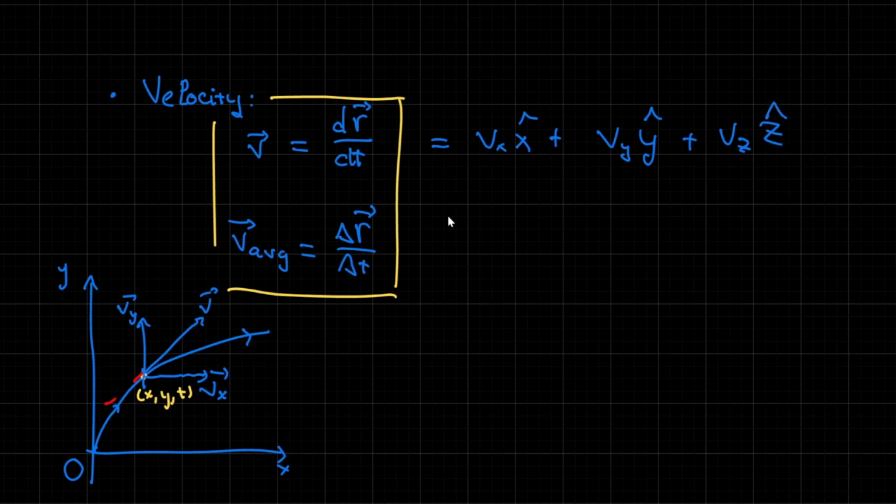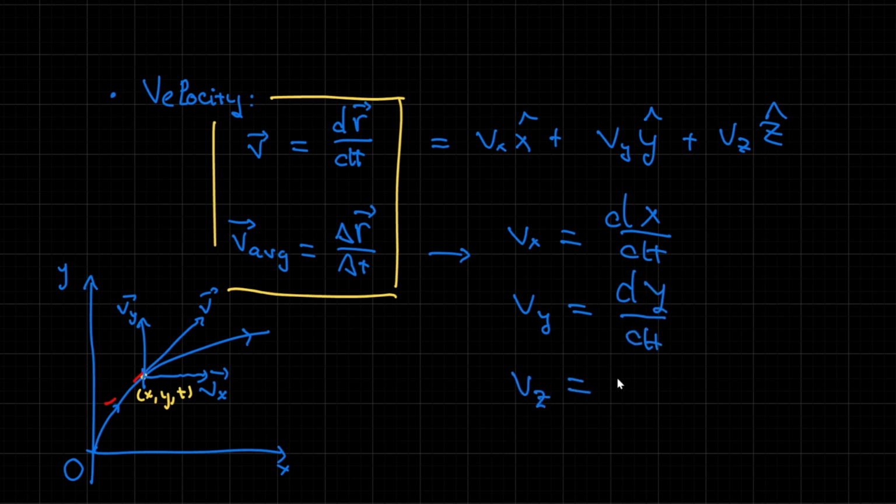And as we already know the equation for r, therefore Vx is the derivative of the x component with respect to t, and the same goes for Vy and Vz.